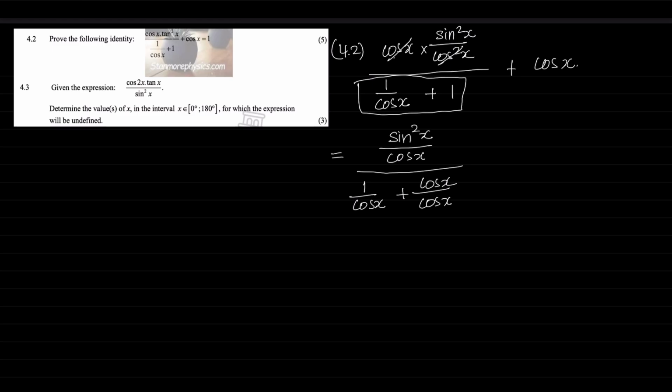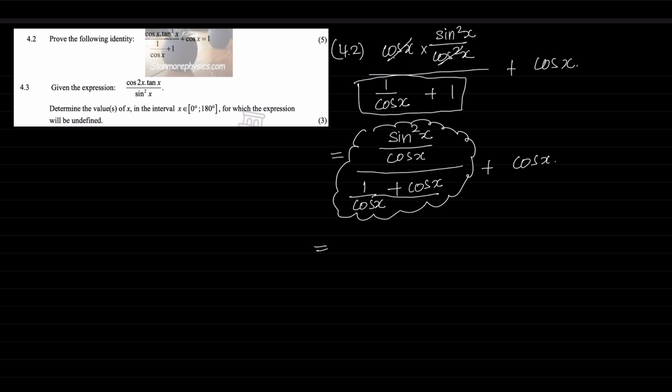We can then join it. Let's do that now. So you will have 1 plus cos x divided by cos x, then plus cos x on the side here. Now let's deal with this fraction. We can tip and times, I guess.